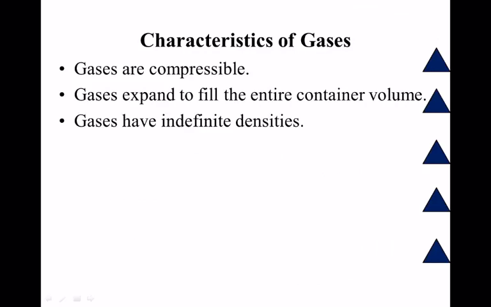What else about gases? Gases have densities. Remember we said density is how fluffy or how dense something is. The symbol for density is the Greek letter rho. What we do is we take a certain object, measure its mass, and divide its mass by its volume. That gets our density.